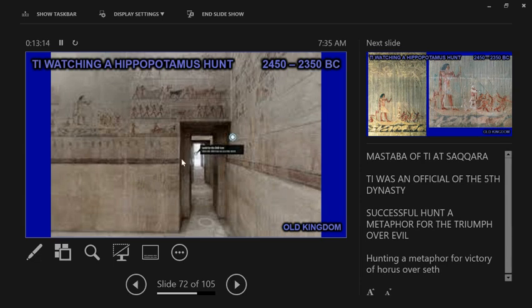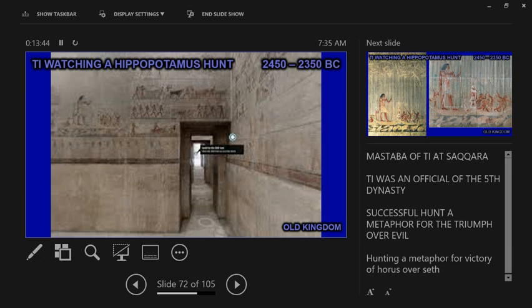And then I want to show you the scene that is drawn on this portion of a wall. And this is also from Saqqara. T is an official of the fifth dynasty, and he is hunting, and hunting is a metaphor for the triumph of good over evil.